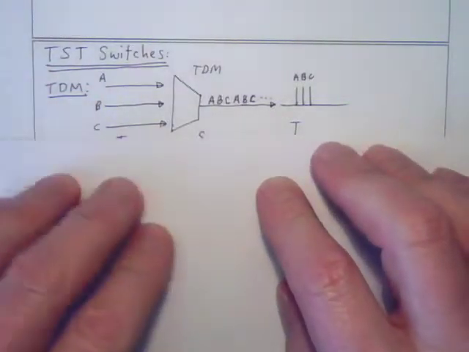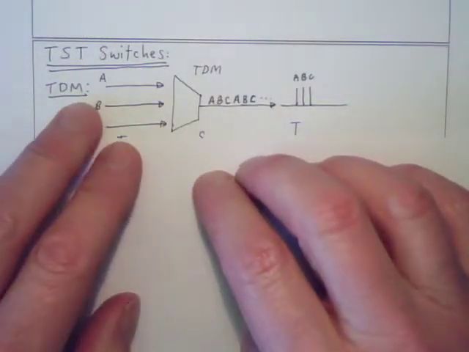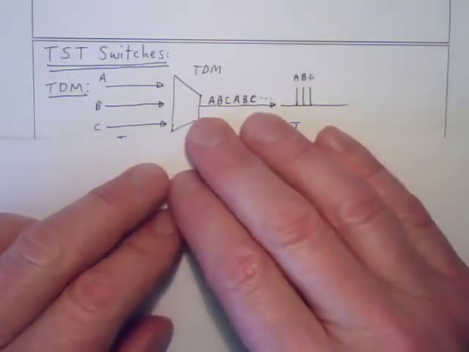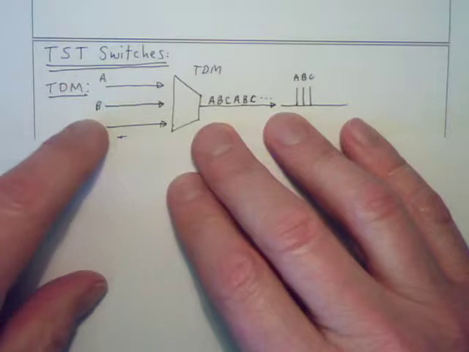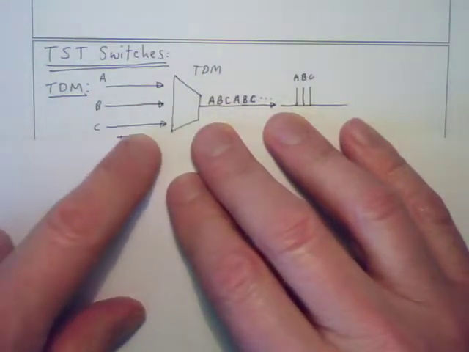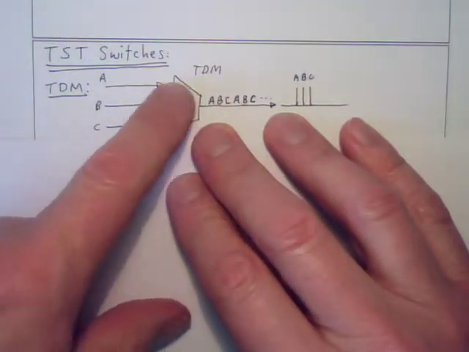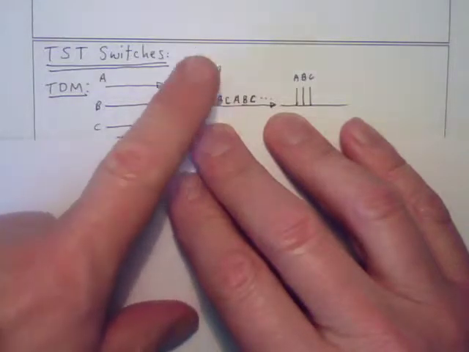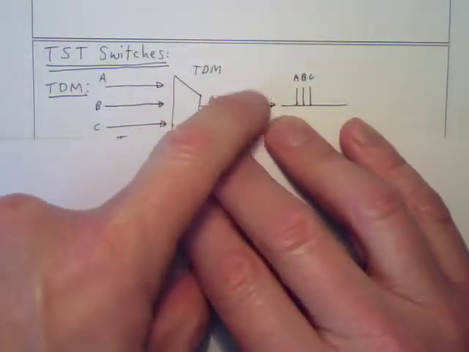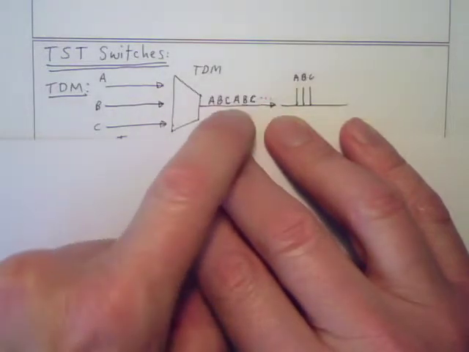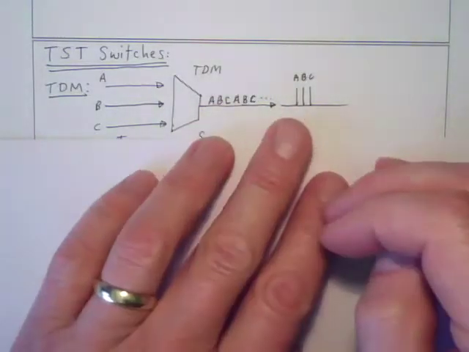So the first thing we have to do is look at time division multiplexed signals. On the input we have three different signals, and then we put them through a TDM multiplexer, a time division multiplexer, and we can create a single signal whose bit rate is the sum of the bit rates of the inputs.